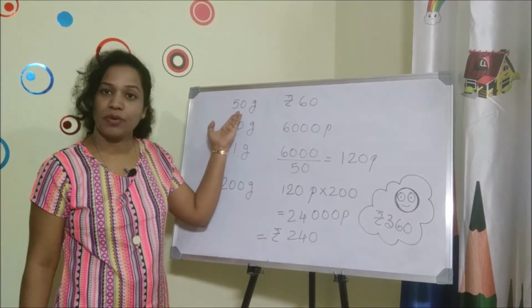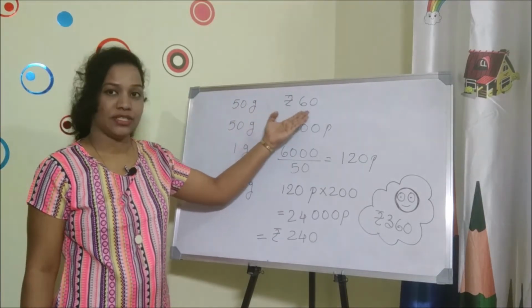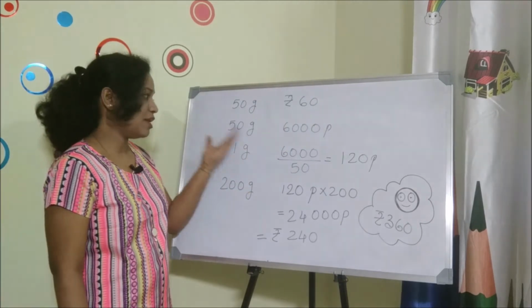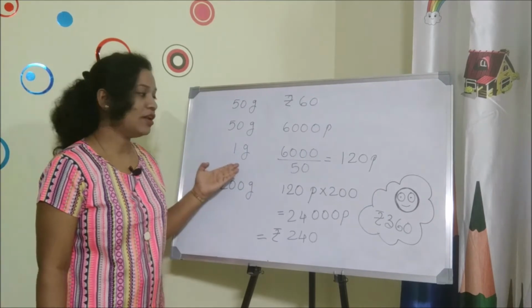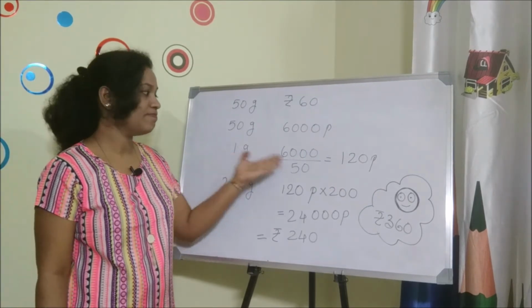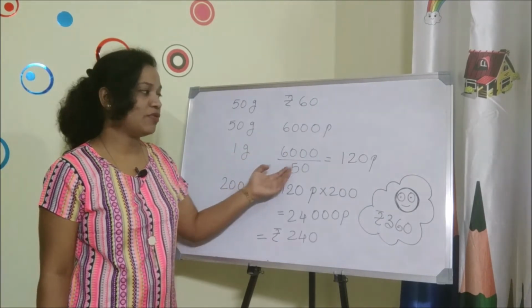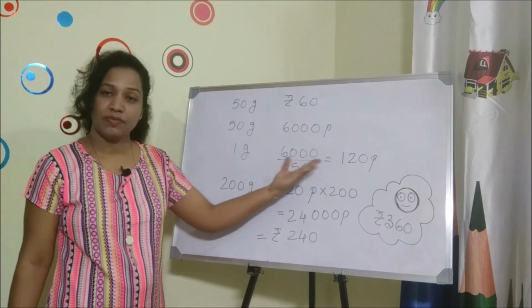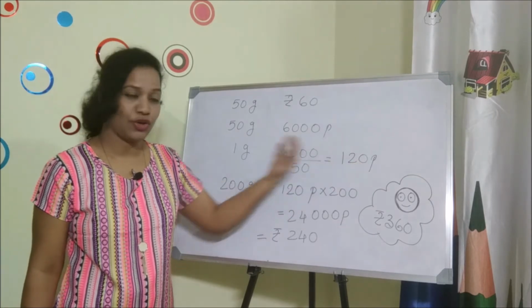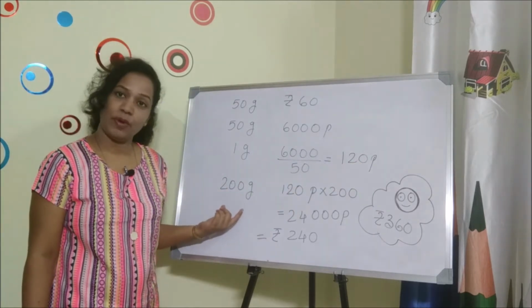50 grams of coffee powder costs rupees 60. That means 6000 paise. So 1 gram of coffee powder costs 6000 divided by 50, just 120 paise. From this we can find out the cost of 200 grams of powder.